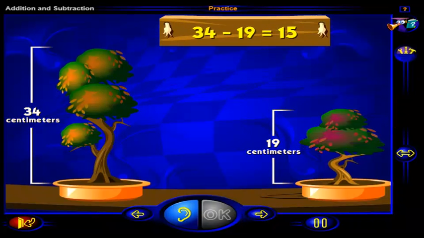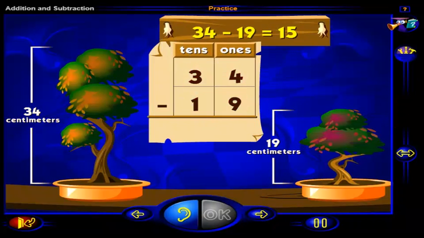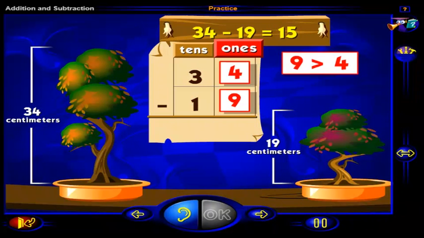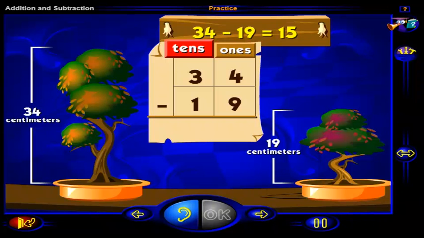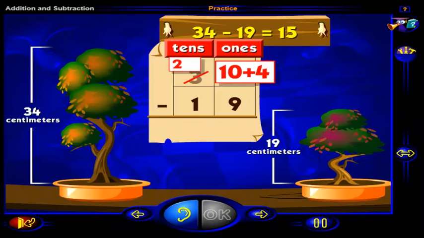To subtract these numbers, we can start by lining up the digits in each place. In the ones place, 9 is greater than 4. So, to subtract, we need to regroup from the tens place. We can rewrite 3 tens as 2 tens plus 1 10, and regroup 1 10 as 10 ones. 10 plus 4 is 14.